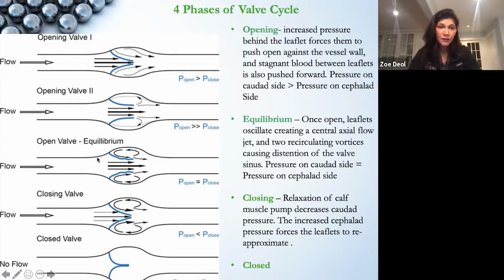At equilibrium, the valves actually vibrate, and I'll show you a live image of that in a moment. There is vortical flow continuous around the valve cusps. Now, as the phase of relaxation begins, all of a sudden the pressure cephalad becomes greater than the pressure caudad, and the vortical flow becomes more significant, and that is what forces these valve leaflets closed. So those are the 4 phases of the valve cycle.